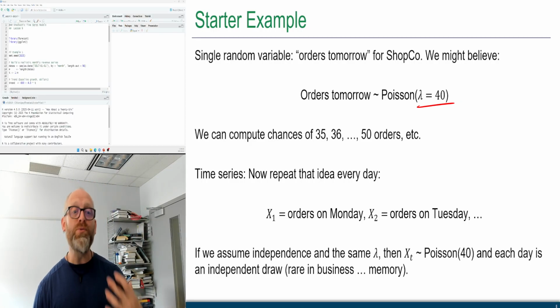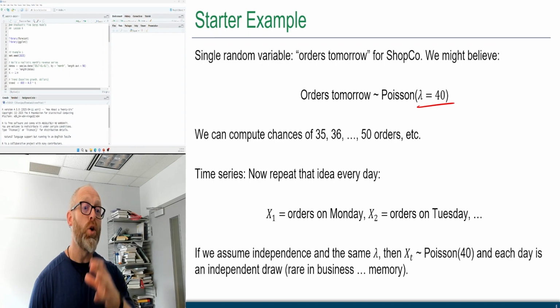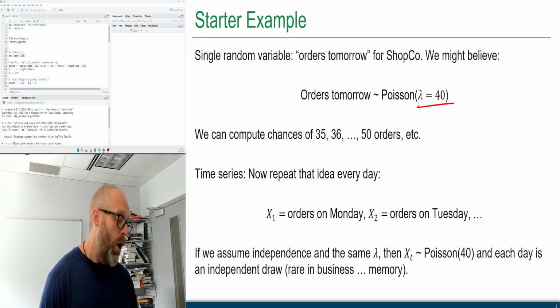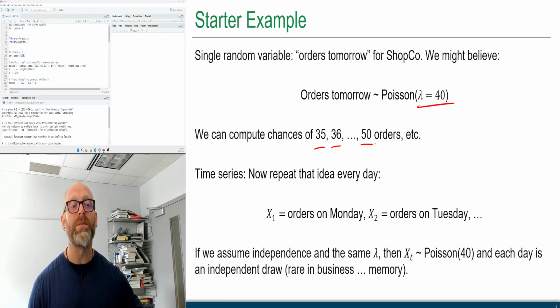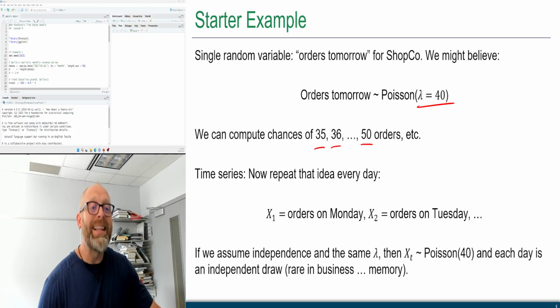Well, if we knew this, we know the formula for probabilities for a Poisson distribution when we know what lambda is, so we can compute the chances of, well, what is the chance we're going to get 35 orders? What's the chance we're going to get 36 orders? What's the chance we're going to get all the way up to 50 orders for that given day? Again, that's assuming we know something about the distribution. In this case, we're assuming it's a Poisson distribution.